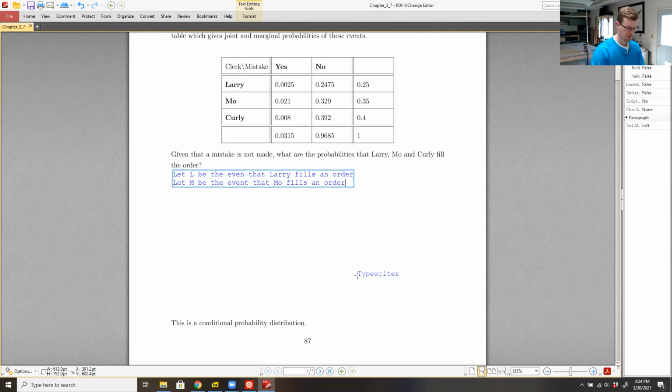Let C be the event that Curly fills an order.